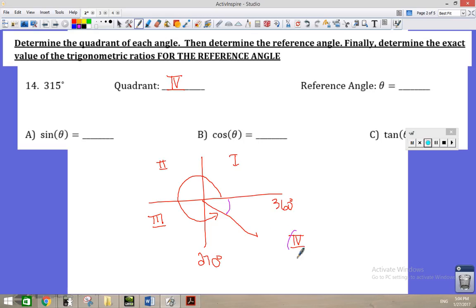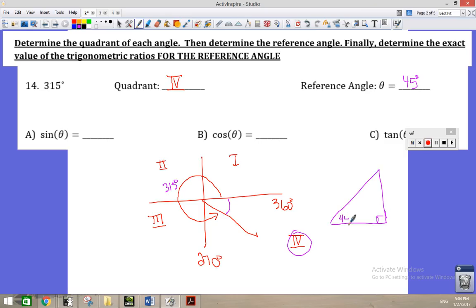So when you're in quadrant 4, to determine that reference angle, it's 360 degrees minus this coterminal angle, 315. So my reference angle, 360 minus 315, is 45 degrees. Now I can get that from a 45, 45, 90 triangle.